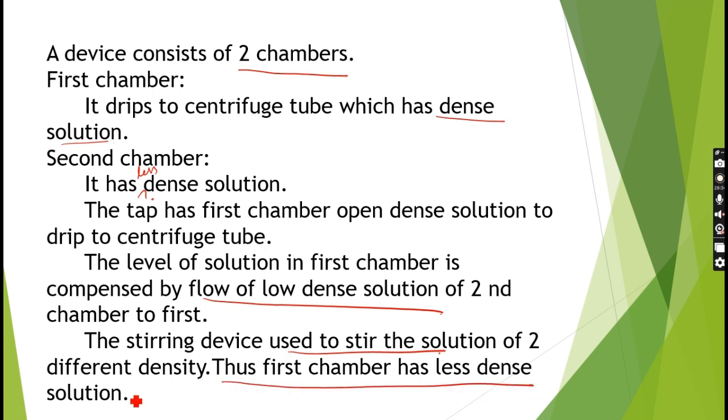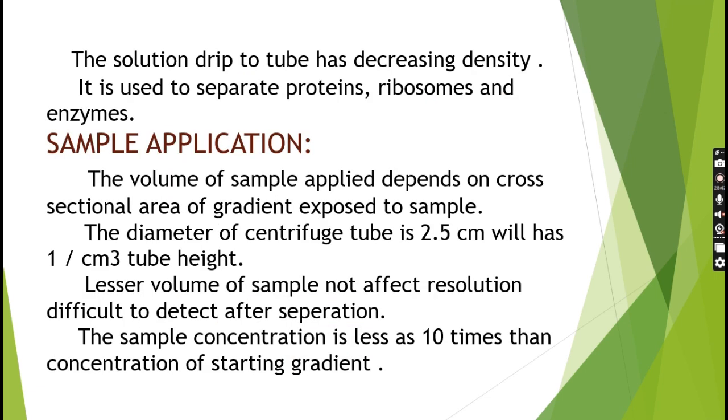Thus the first chamber gets a less dense solution due to the introduction of less dense solution from the second chamber. So the solution dripped into the tube has decreasing density, as the higher dense solution was poured first, and the lower dense solution is layered on top, giving gradual changes.